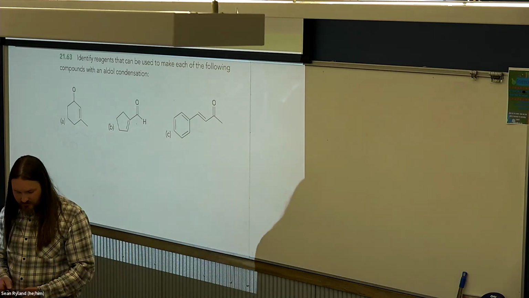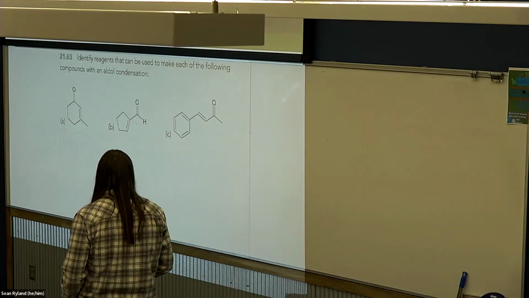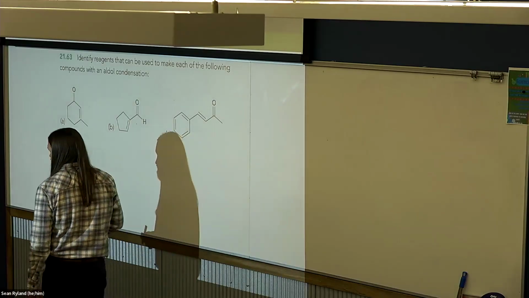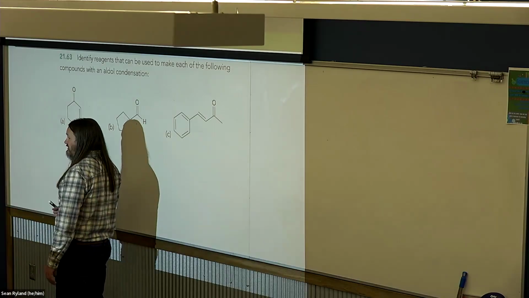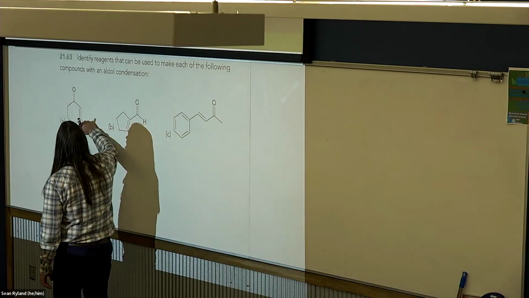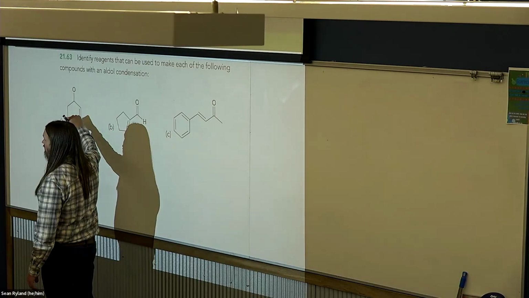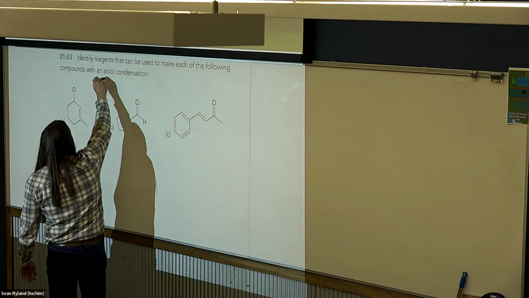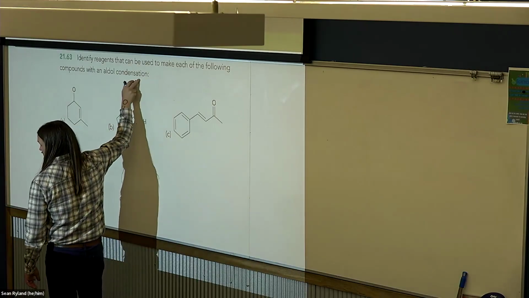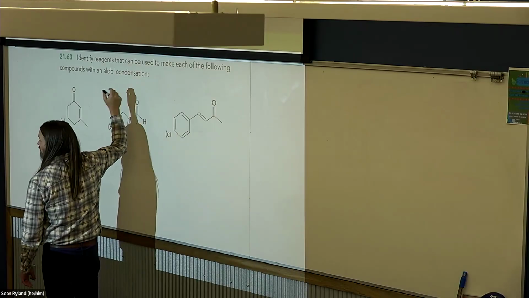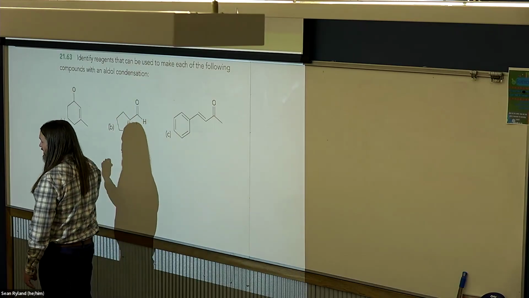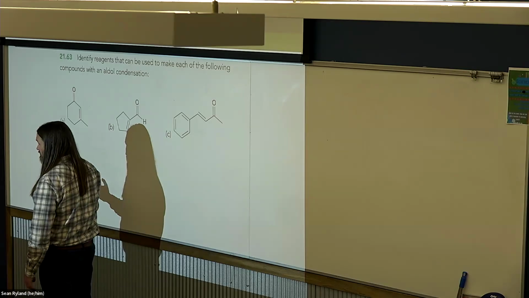Is there going to be a specific one if it goes like Markovnikov? Yes, because we're specifically looking at what molecules reacted through an aldol condensation. So we need the OH group on the beta carbon. Okay.